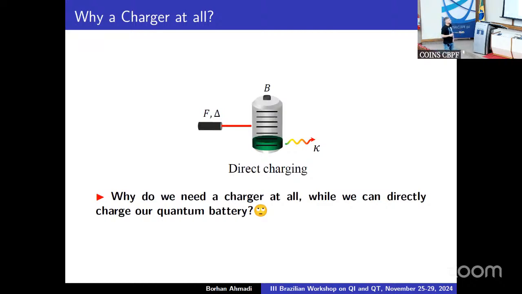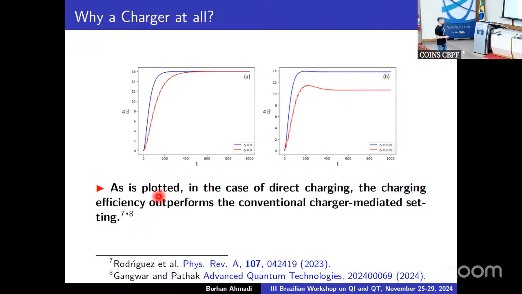Okay, so there is another question. Why a charger at all? I can just directly charge my battery. Why do I need to use a charger at all? In this paper, they questioned this, and they showed that in a conventional charging scenario, if I remove the charger, the energy of the battery for 0 detuning can get to its maximum faster.